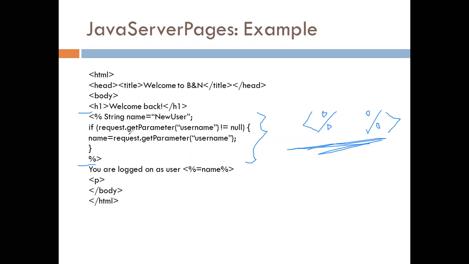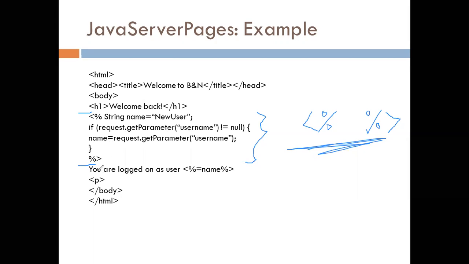If it is not null, name is equal to request.getParameter("username"), which means whatever name is entered in the username box will be taken and assigned to a variable called name.